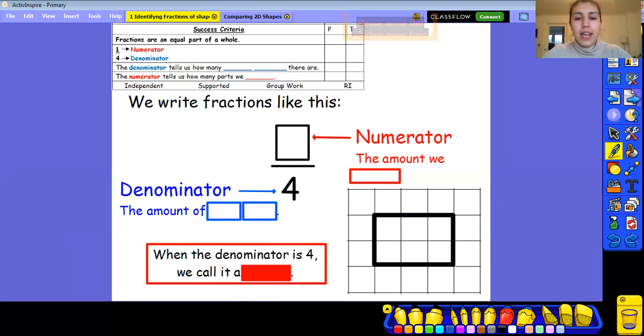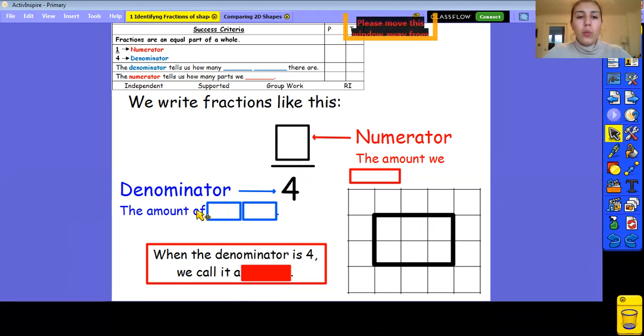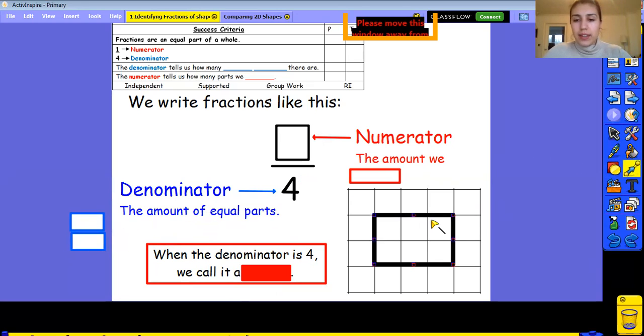Let's have a look at another example. So this fraction, the denominator, is 4. So what is that going to show us about our shape? We need to split our shape into 4 equal parts. Well done if you said that.